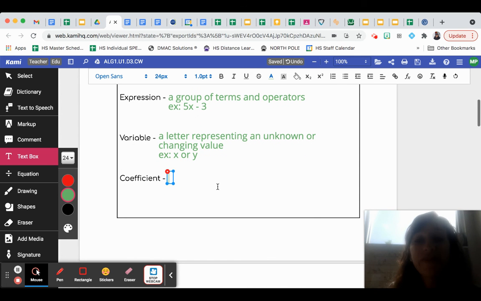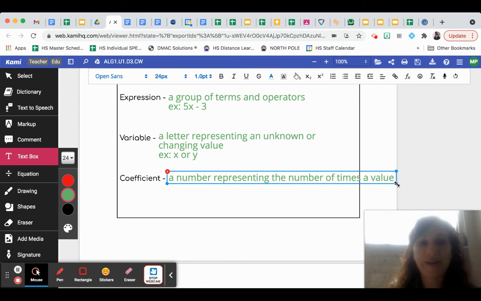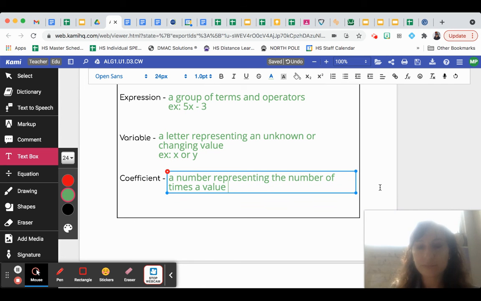A coefficient, say that for me one time, coefficient. Mr. Bailey, if they didn't say it, make them say it. It's a great word. Coefficient is a number representing number of times a value is repeated.